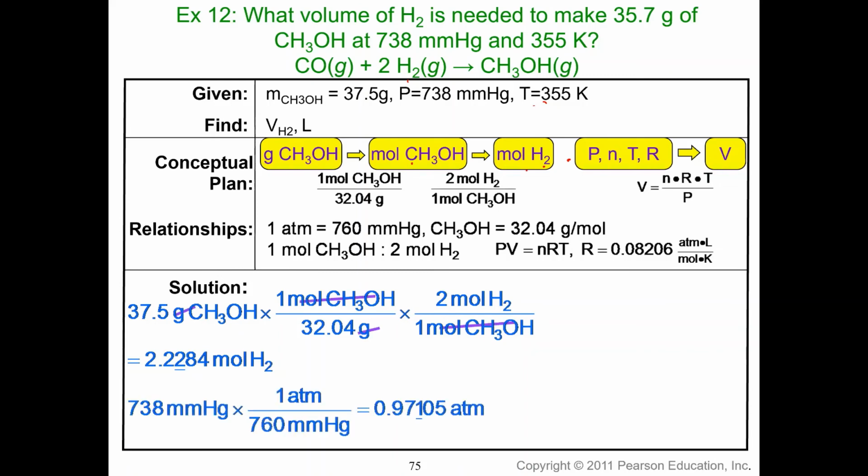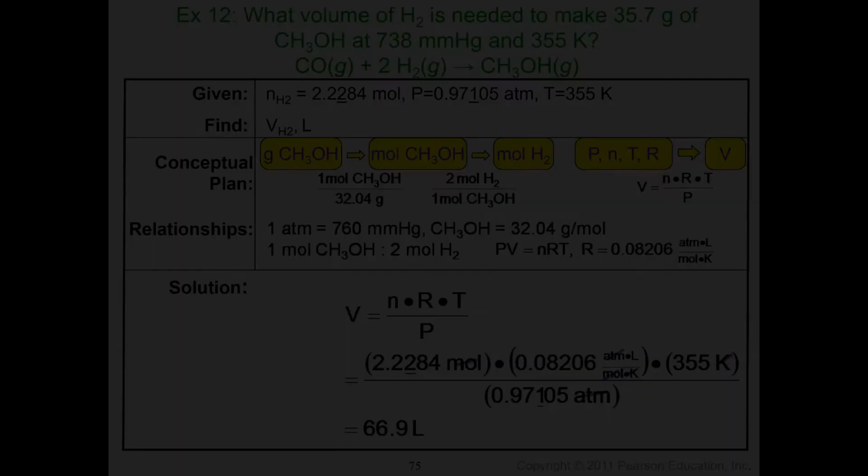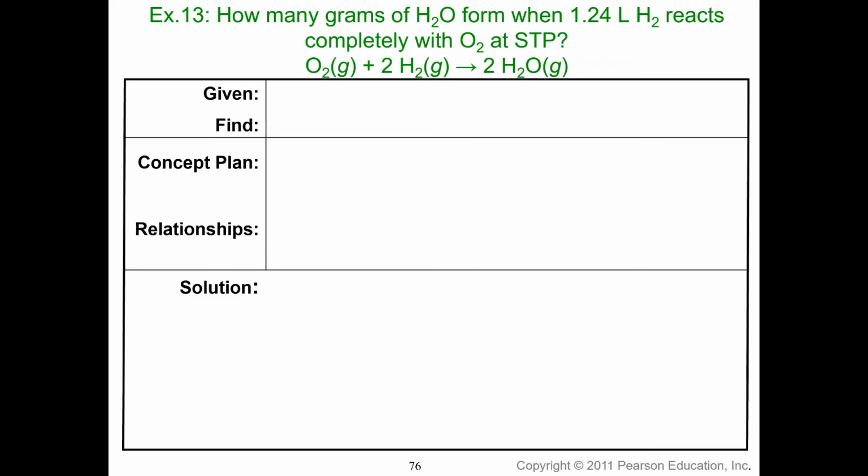And then once you get the moles, you have to do the conversion here again, because the pressure is given in millimeters of mercury and the constant is in atmospheres. So you put it in there. All right, perfect.